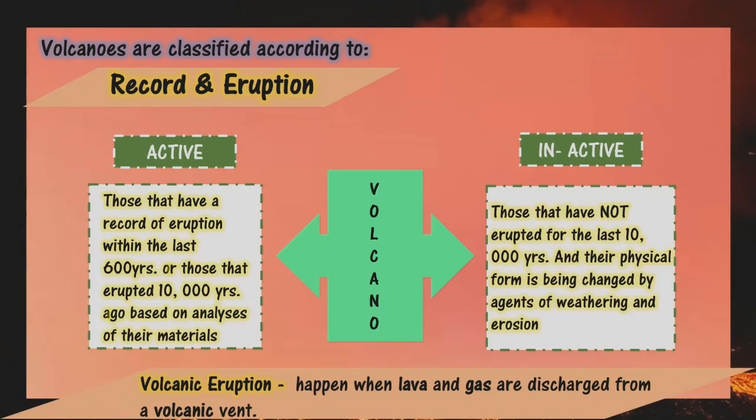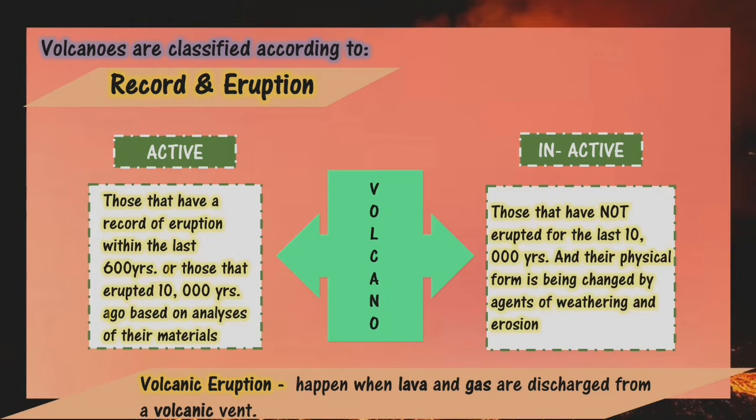When we say active, those have a record of eruption within the last 600 years or those that erupted 10,000 years ago based on analysis of material. These are the volcanoes that have a record of eruption within that range of years.